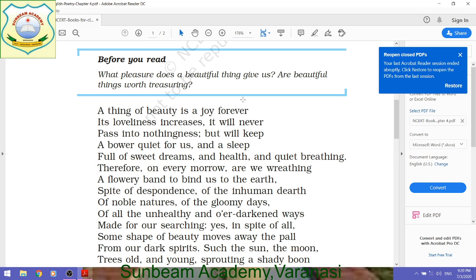Further, the poet has also given some examples of the things of beauty present here on the earth, in nature, like trees which provide a shady boon for simple sheep with their branches and leaves, a cause of happiness for those sheep which suffer in the hot season.